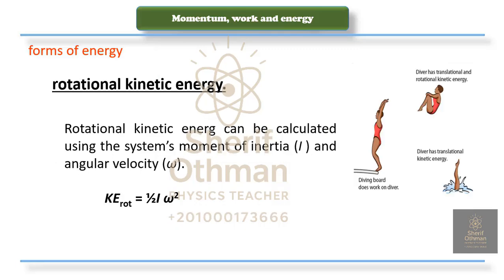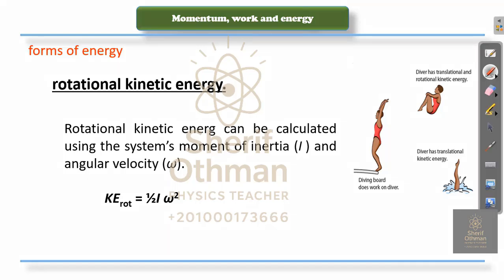We have also something called rotational kinetic energy. Rotational kinetic energy is the kinetic energy of a rotating body. As we said before, guys, the moment of inertia is similar to the mass in linear motion, and the angular velocity is similar to velocity in linear motion.